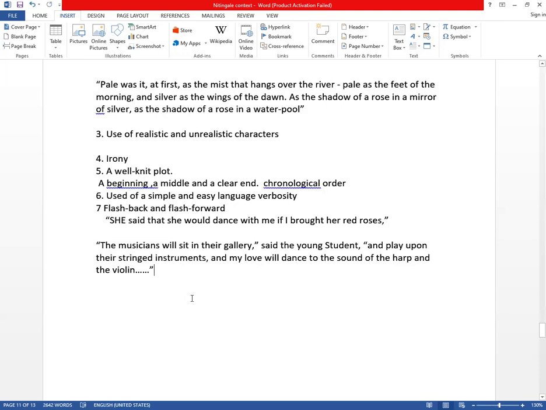The musicians will sit in the gallery, said the young student, and play upon their string instruments. And my love will dance to the sound of the harp and the violin. This is flash forward. The writer creates some future events.